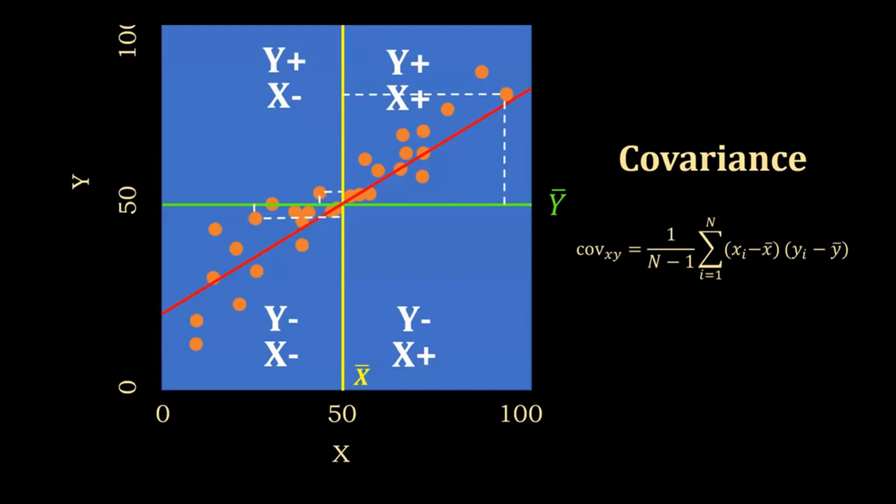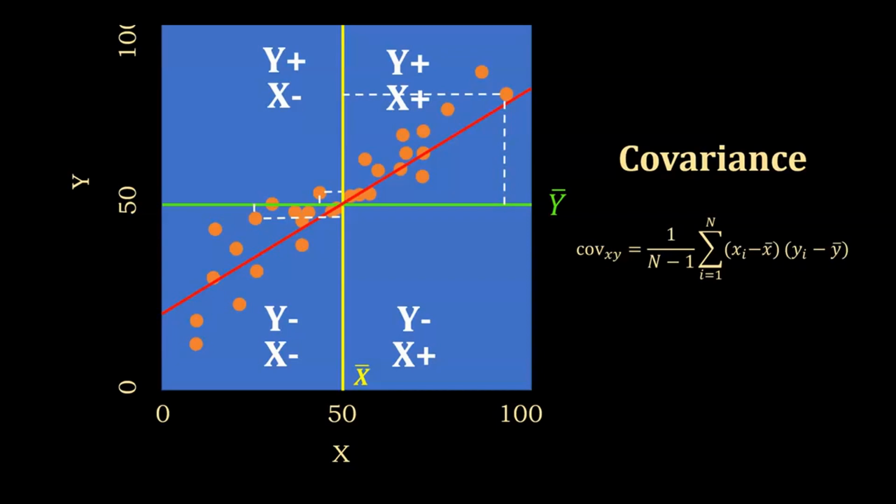What is the sum of? Well, it is the sum of the product of some values related to variable x and some values related to variable y. What are those values? Simply the distance between the value and the mean.